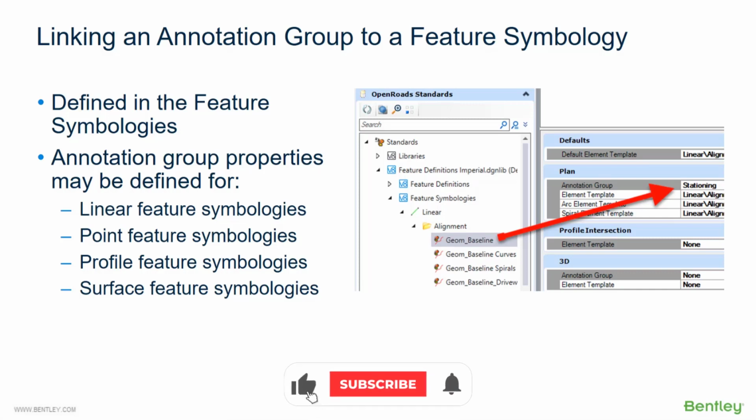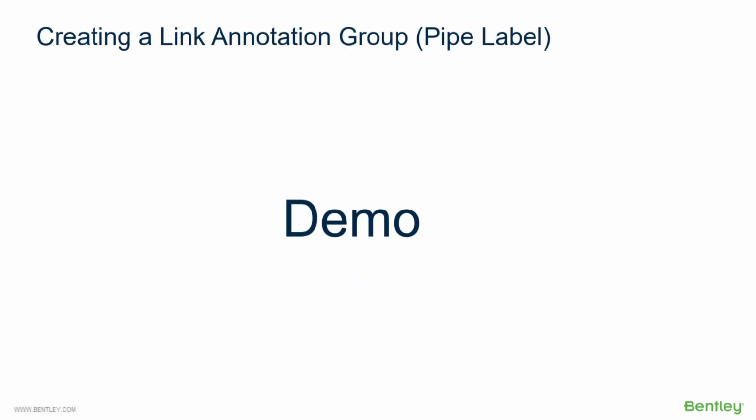Once your annotation group is created, you have to set that in the feature symbology properties. So the annotation group properties may be defined for linear features, point features, profile features, and surface feature symbologies. We'll take a look at a demo here of creating a link to an annotation group for a pipe label.